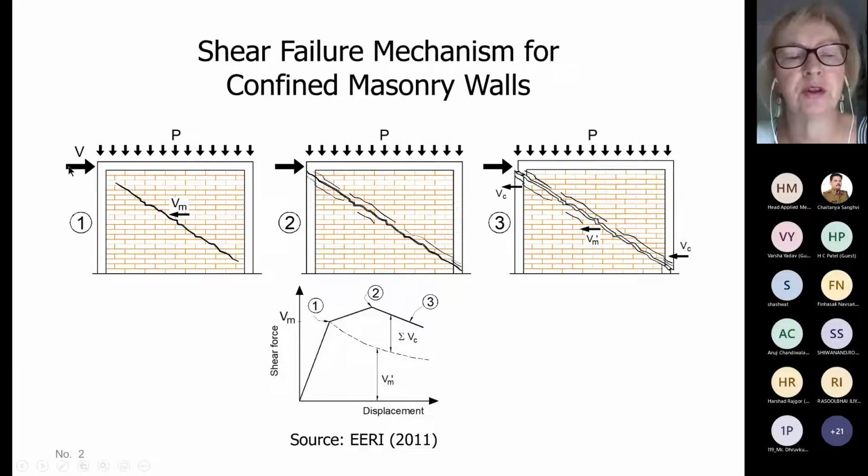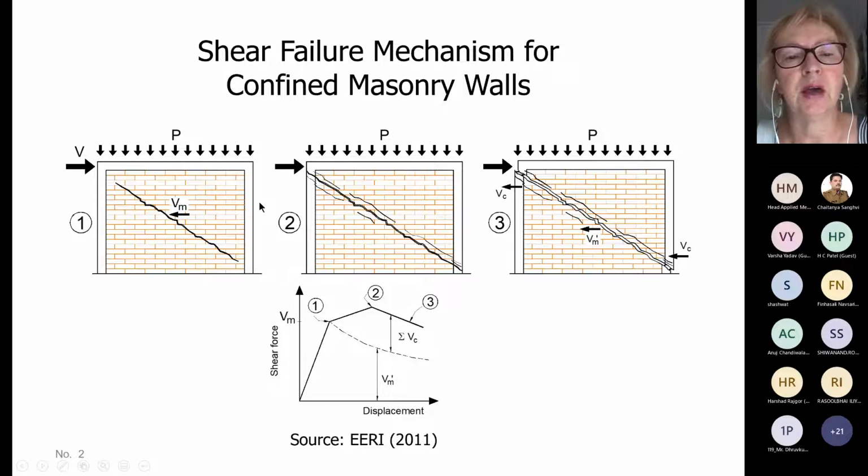When a confined masonry wall is subjected to seismic loading in combination with gravity loading, the first stage of damage is cracking inside the masonry wall. It starts in the center of the wall and propagates. Usually that is called diagonal tension cracking.